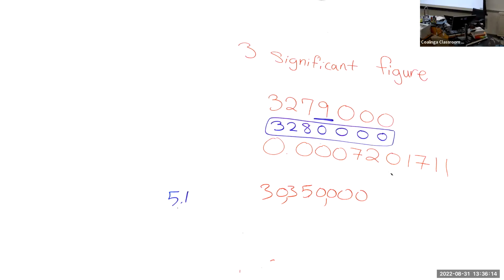I'm going to look at the one next to it, the 1. The 1 is going to be the one because this is three significant figures right here. So we look at this one. And then what did you guys decide? Round down. To round down. So then the answer should be 0.0000720.